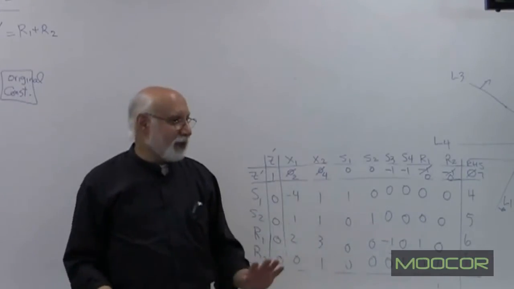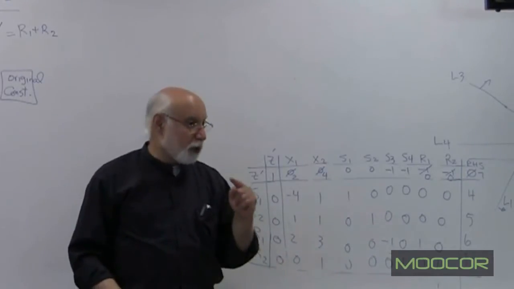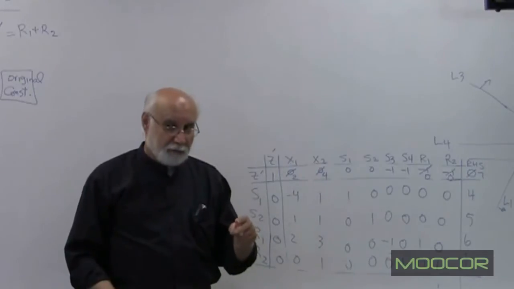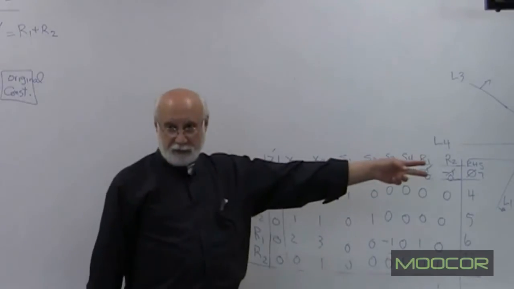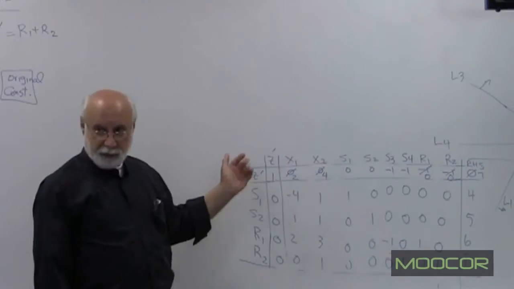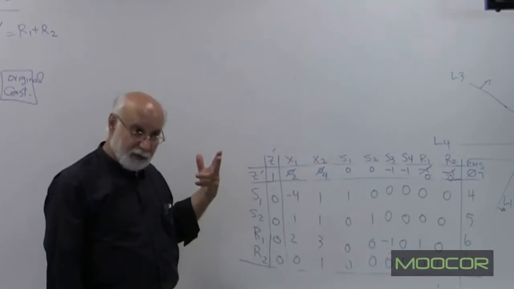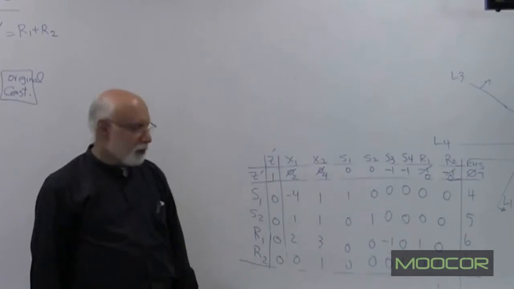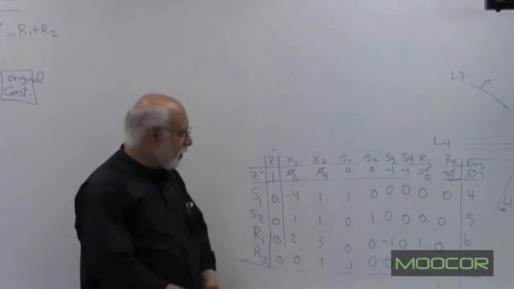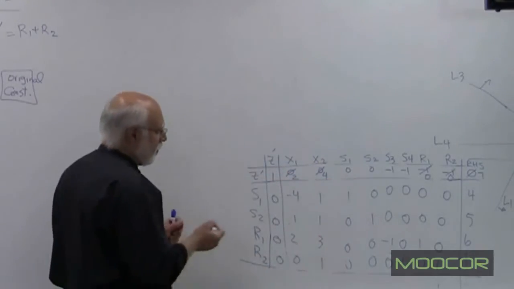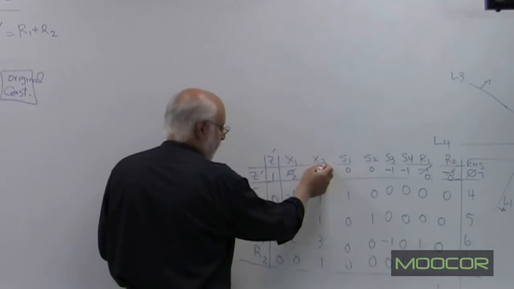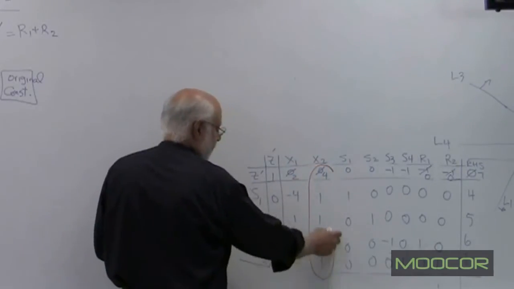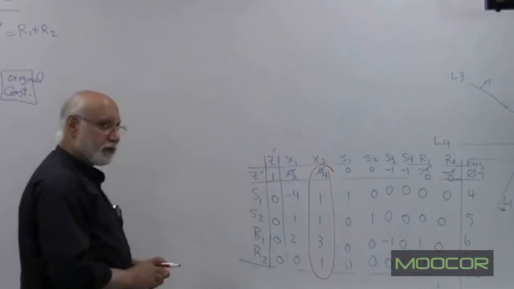What do we do with the maximization problem? We will look for the most negative in the 0 row. In this case, we are going to look for the most positive in the 0 row. So you will look around here, and lo and behold, again, x2 is going to be our entering variable.